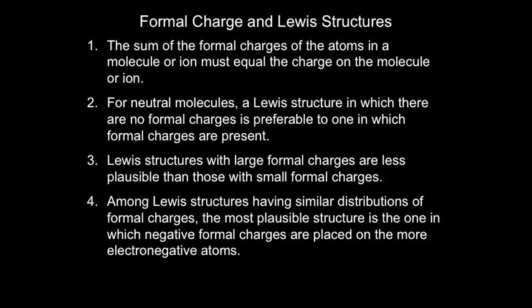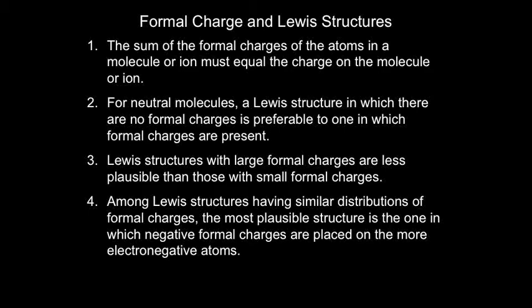If we can't get that arrangement, where we have to have some formal charges in our Lewis structure, then smaller numbers, closer to 0, either positive or negative, are preferred over larger numbers. So we want to get as close to 0 formal charges as possible. If a structure dictates that some of them are going to be charged, then the negative charges are going to be on those atoms which prefer to be electronegative.